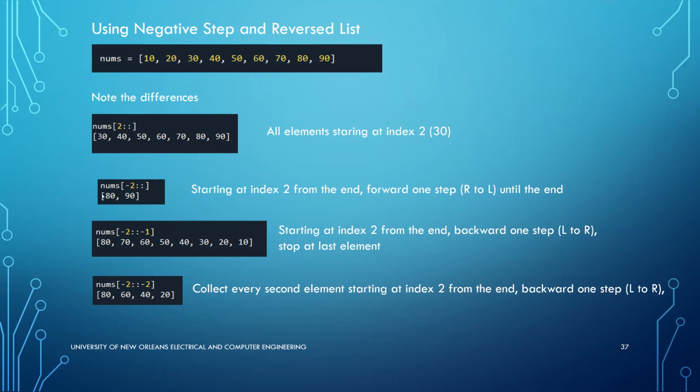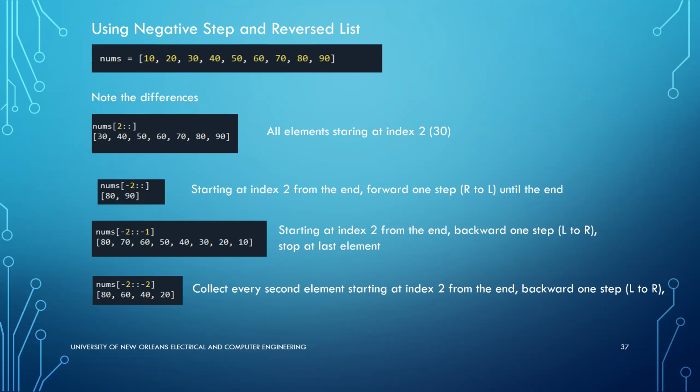This one, on the other hand, if I made this a minus, then I'm going on the other side, right? That means that I'm starting at the second element from the last. This is the first element from the end, -1. This is the second element from the end. So it's 80. And I'm going to go forward one step until I hit the end, right?